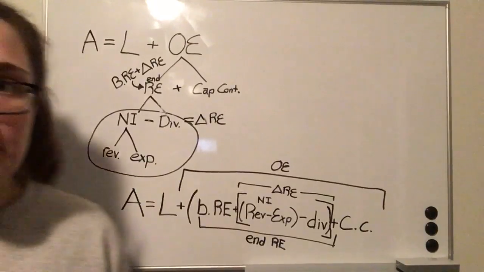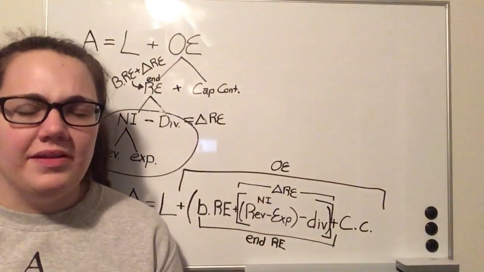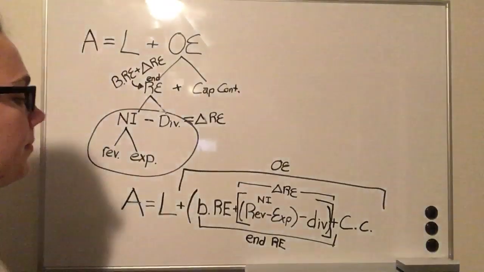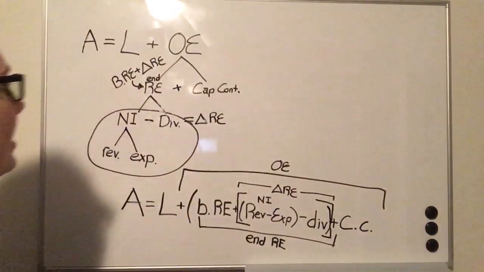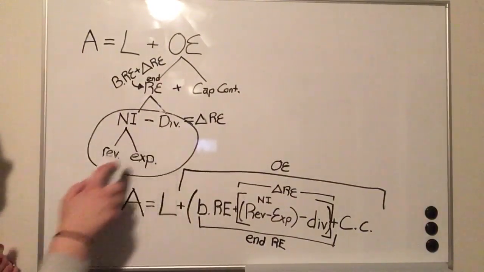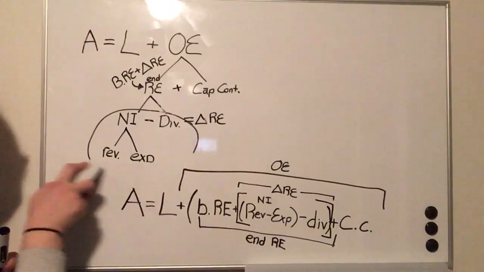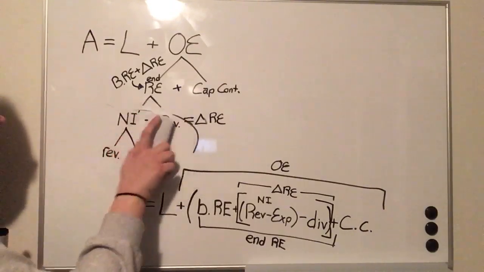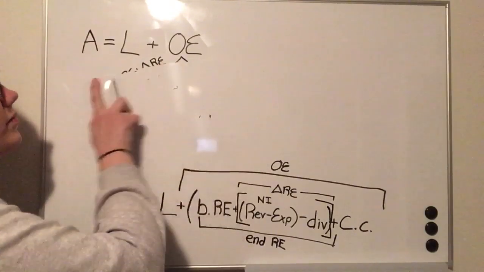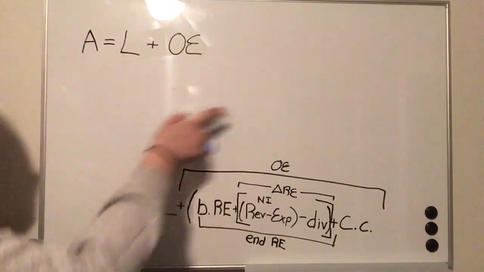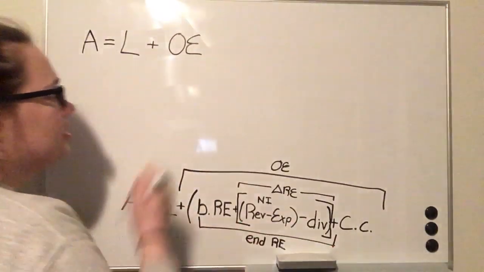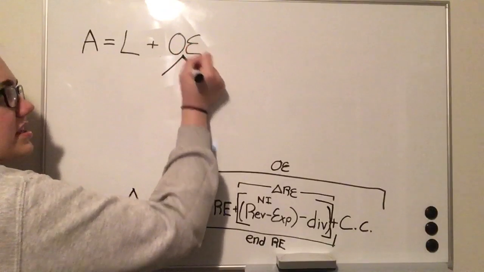I hope that makes a little more sense. If not, definitely reach out to me. But as I said, this is a very simplified way right here with the branches. And I would mostly use it as a rough sketch of what owner's equity turns into.